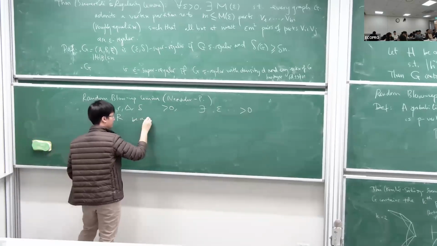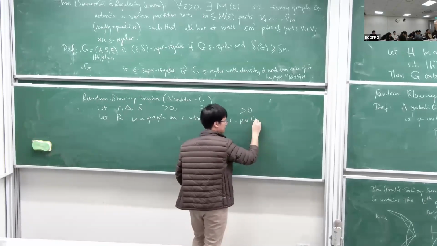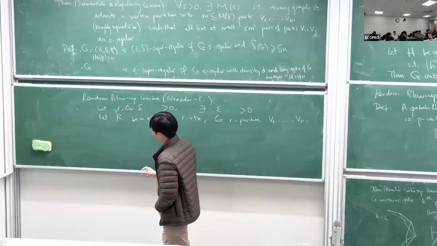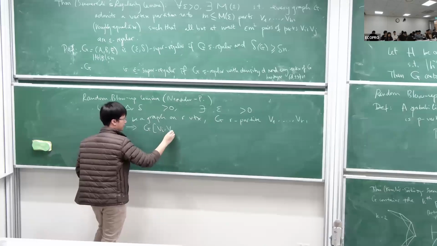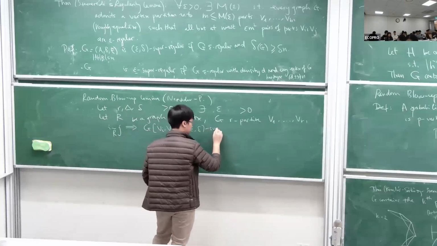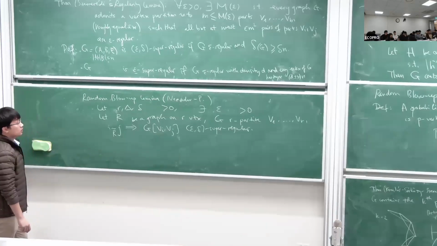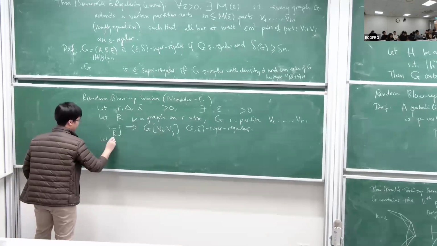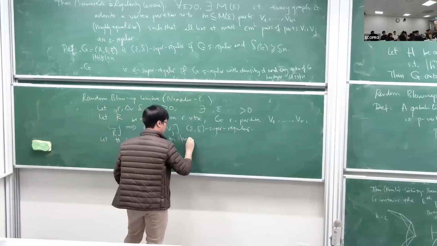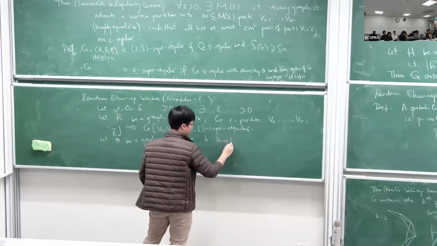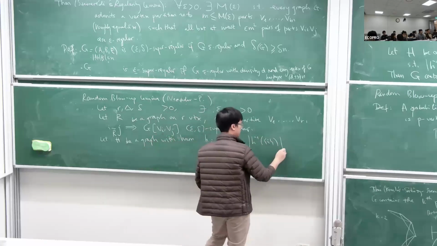So let R be a graph on r vertices. Let G be again a graph with vertex parts V1 up to Vr. Whenever i is adjacent to j in the graph R, the graph G between Vi and Vj is (ε, δ)-super-regular. Again, we have the same information for H. So H is a graph with a homomorphism from H to the graph R, and the inverse image of each vertex in R has size exactly equal to n.